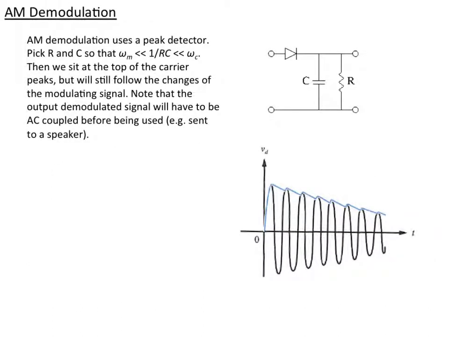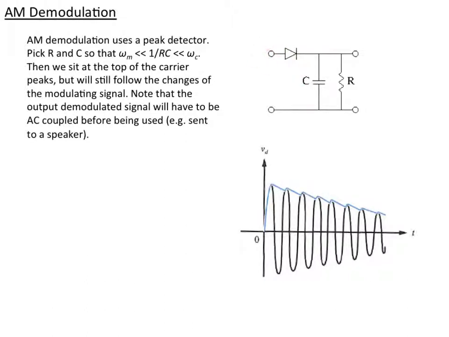So I haven't told you how to modulate or demodulate yet. Turns out demodulation's much simpler, and in fact all you need is a peak detector. So here I have the standard peak detector, which we've seen before. When this voltage is greater than that voltage, a current can flow, and the capacitor gets charged up to match the highest part of this current.